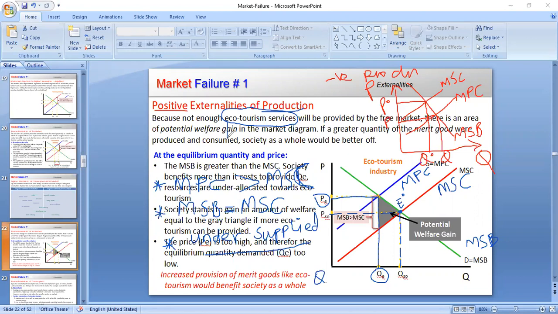And so when we say that marginal private cost is greater than the marginal social cost, we literally mean that the benefit that the society is getting is greater than the cost of maintaining that tourism attraction by the government. It literally means that the society is benefiting more from using those resources, like forests, like lakes.